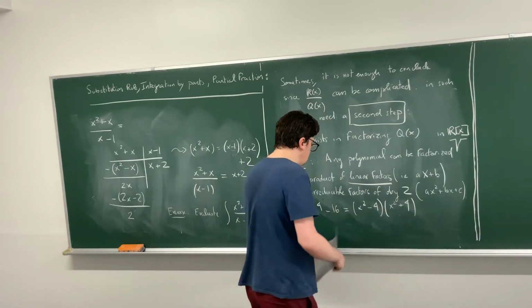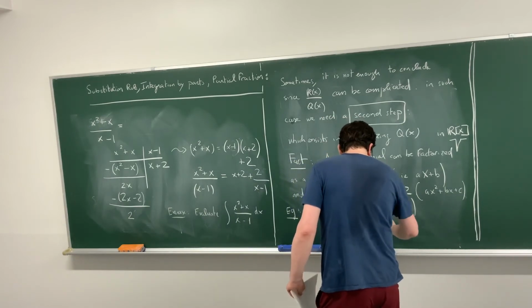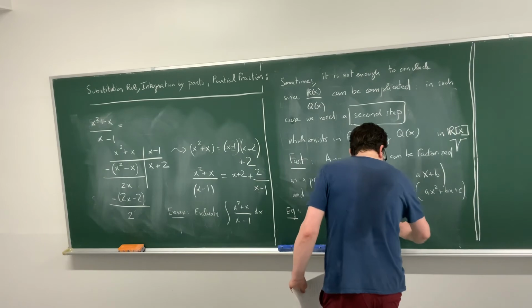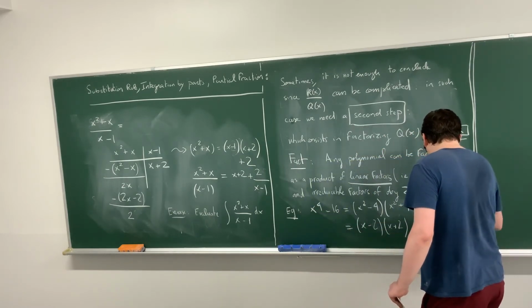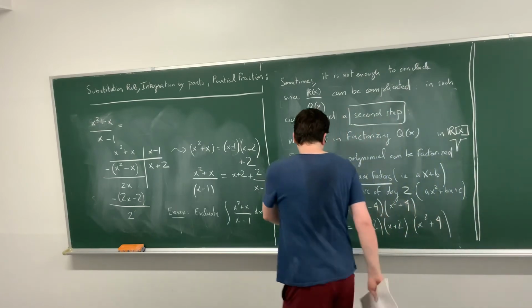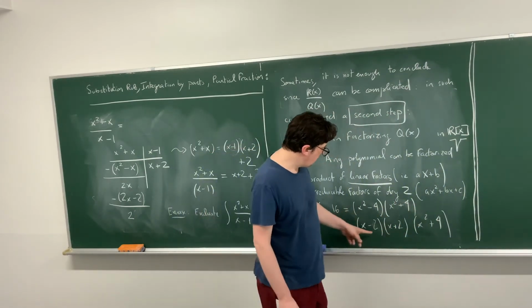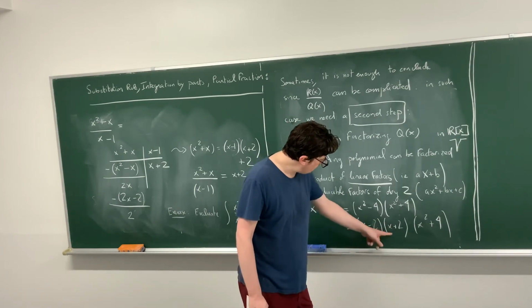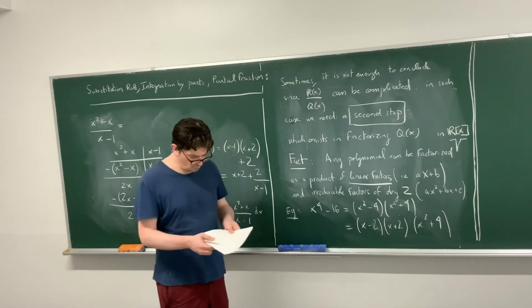And this one is not irreducible, and I can write it as x minus 2 times x plus 2. Okay, so you have a polynomial of degree 4 and you transform it into a product of 2 linear factors and 1 irreducible polynomial of degree 2.